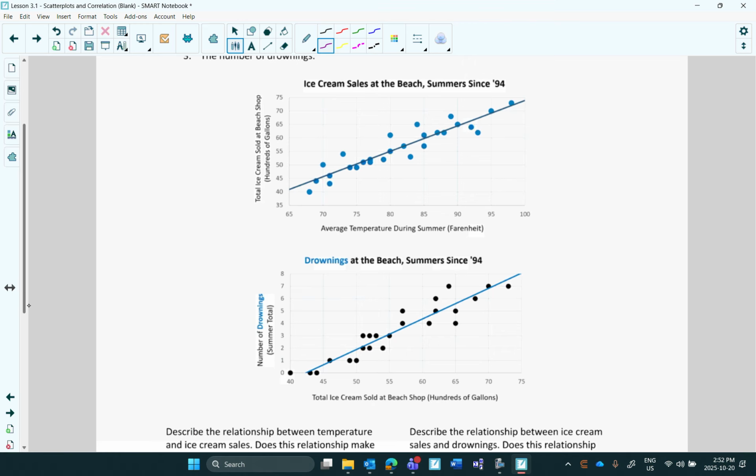That's something we call a lurking variable, which means it's some other explanation. So yes, there's an association between them, but does one cause the other? Highly unlikely. There's probably some other variable that's the cause. Okay? So good to keep in mind.